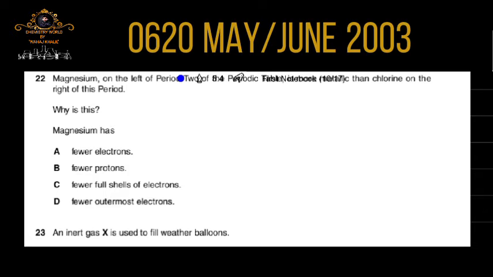Fewer full shells? No, it has a lot of electrons. Fewer outermost electrons. Yeah, this one is the right option.